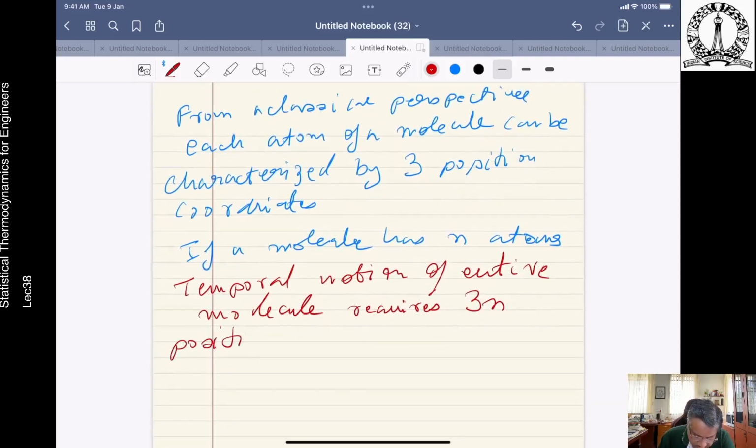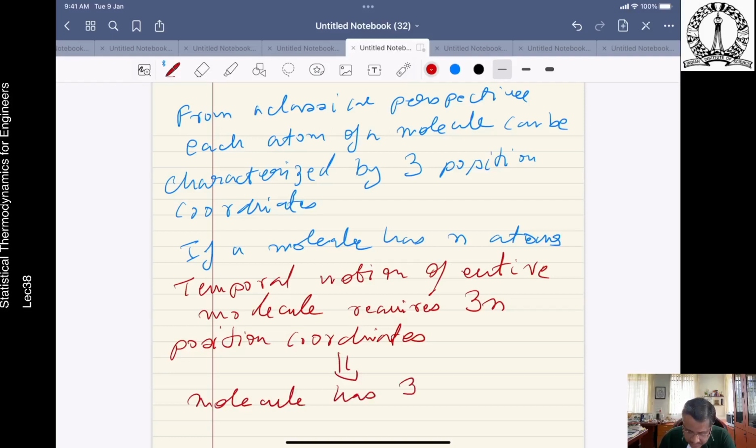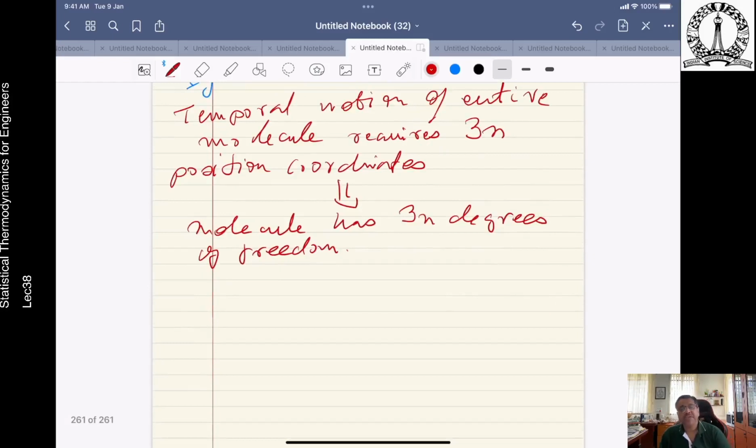Mostly these are independent of each other, so the position of one atom is not dependent on the other. So we say that the molecule has 3n degrees of freedom.